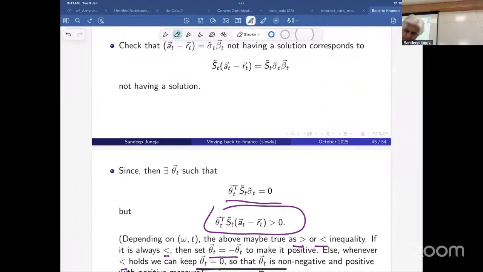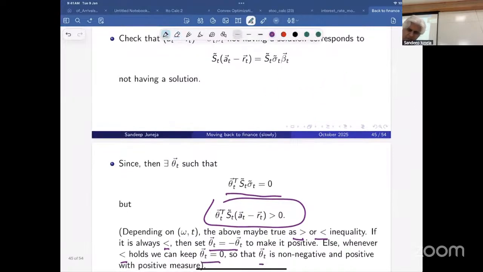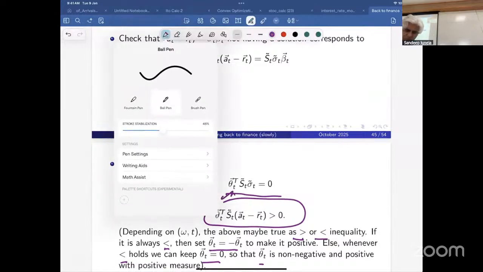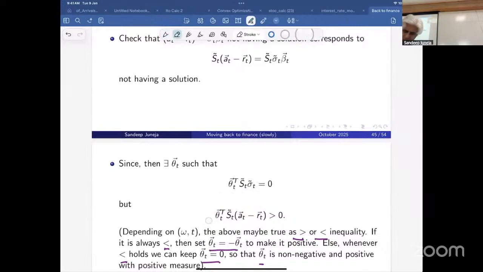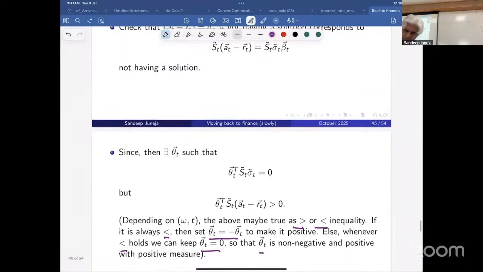And because it's for each omega and t, I have to worry about signs being different for different omega and t. So then I play around and ensure that the theta transpose that I'm coming up with, this multiplication results in a positive quantity on a set of positive measure.